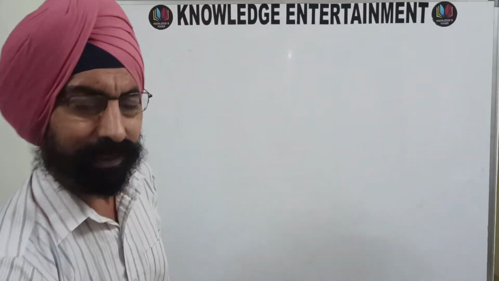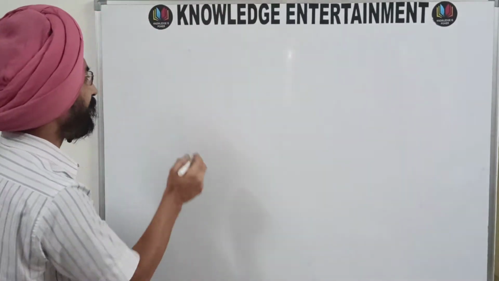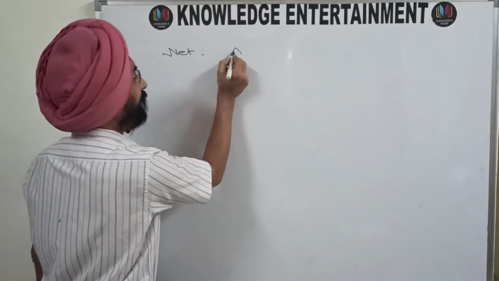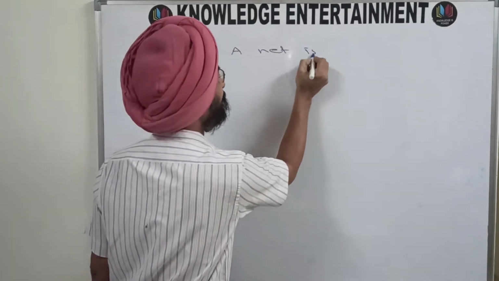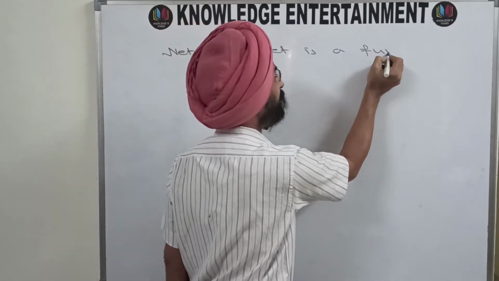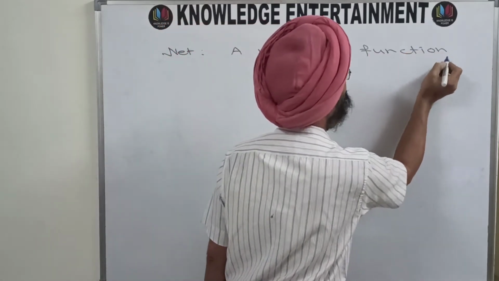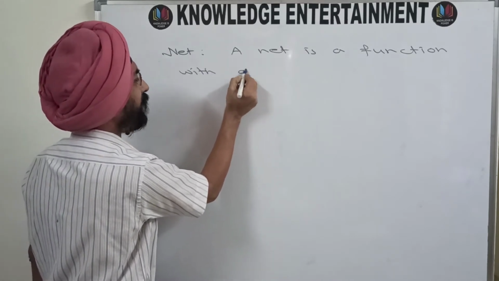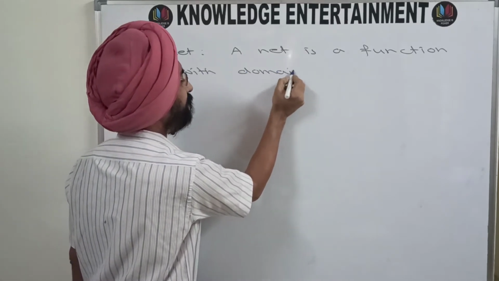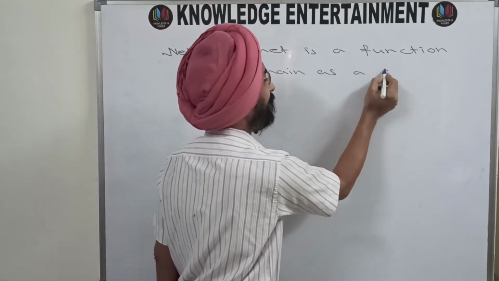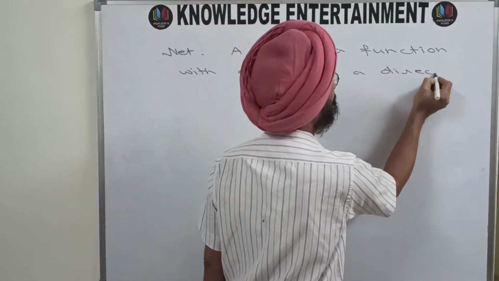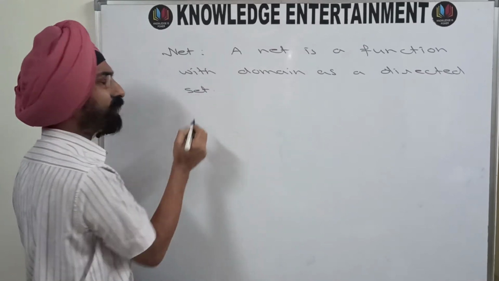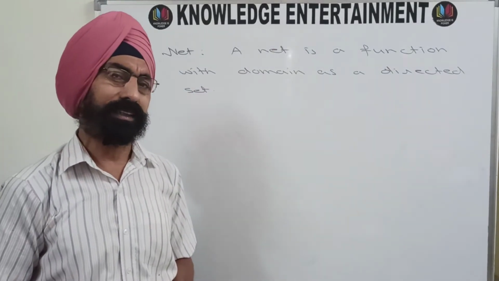And now try to understand the definition of a net. What is a net? A net is a function with domain as a directed set. Now it is a directed set. Earlier it was the set of natural numbers.